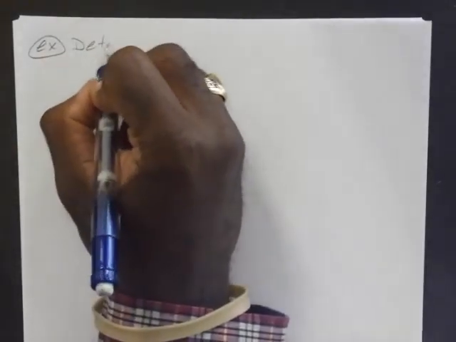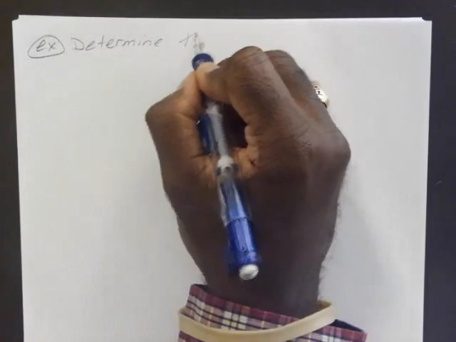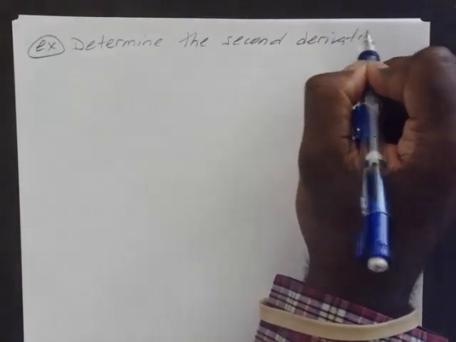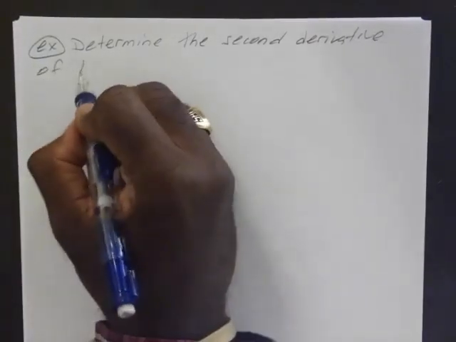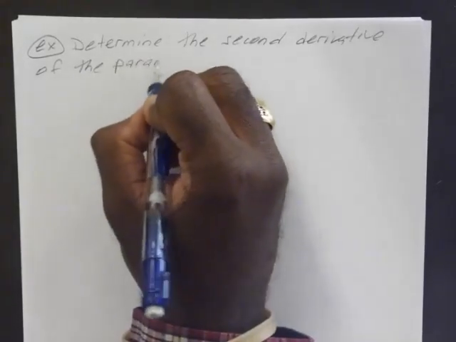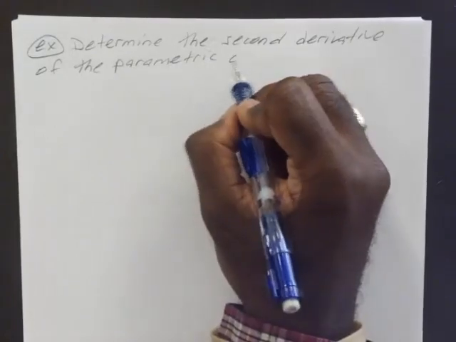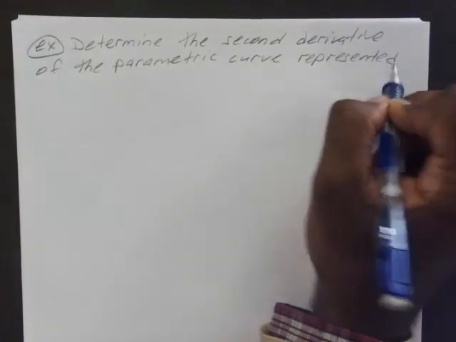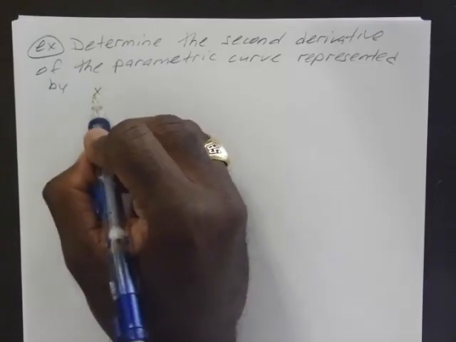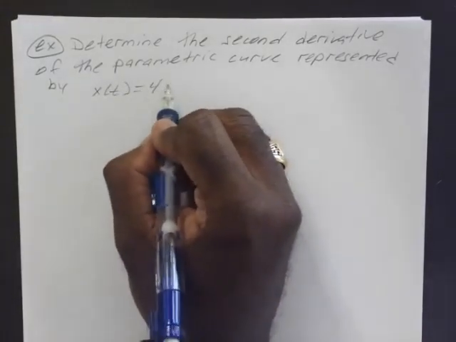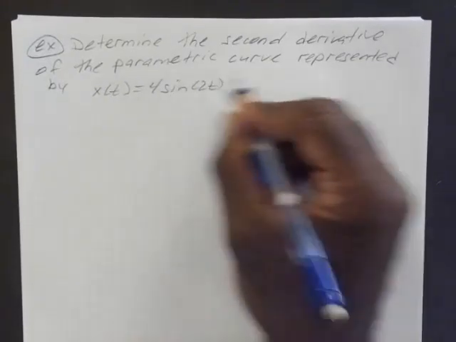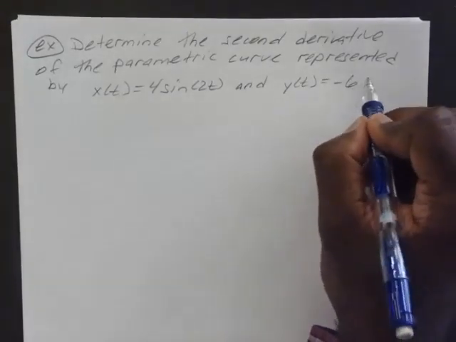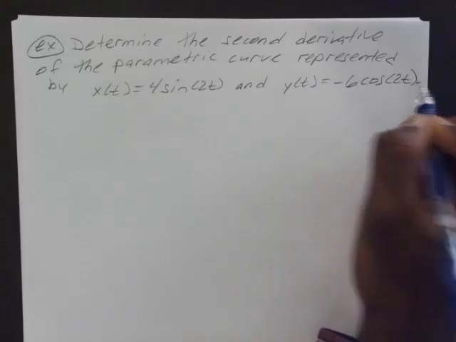Okay, so what if we wanted to determine the second derivative of the parametric curve represented by x of t is equal to 4 times sine of 2t, and y of t is equal to negative 6 times cosine of 2t.